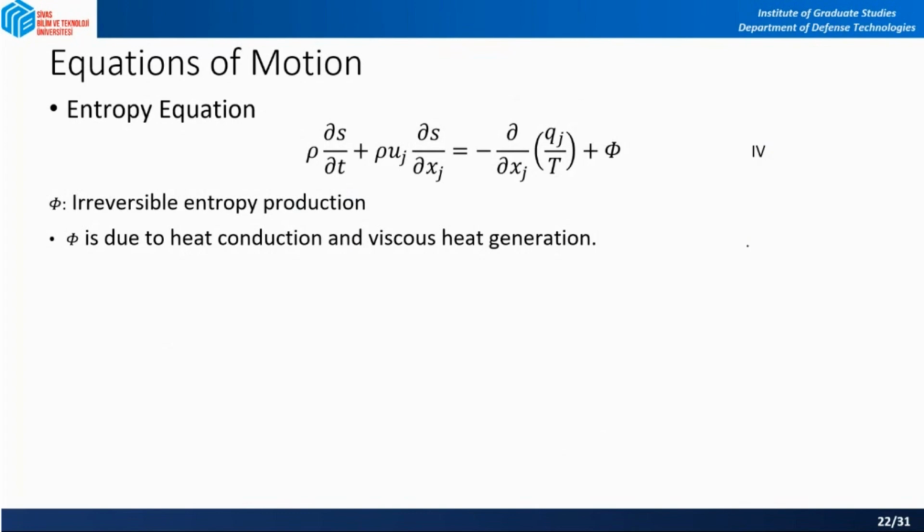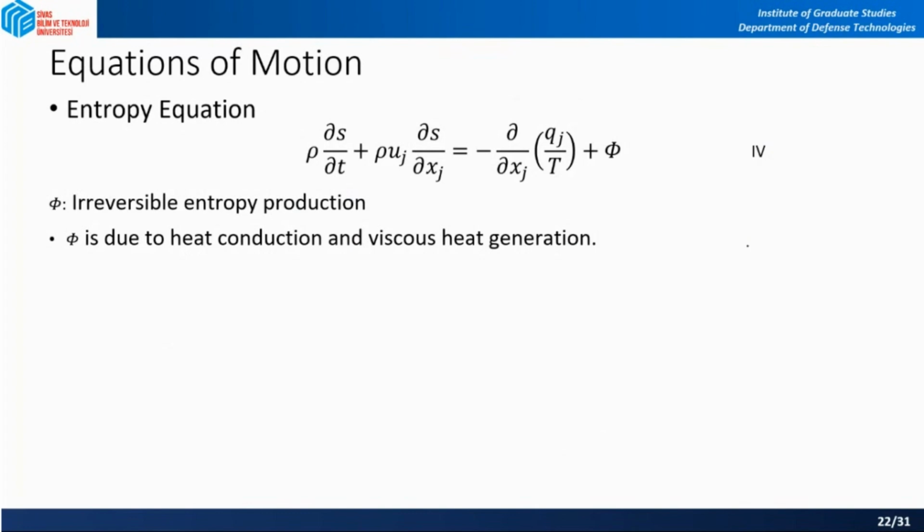So either theoretically or by tests experimentally. It sounds nice, but it's very difficult to do these theoretical approaches in turbulent flows because there are many unknown terms in the entropy equation.